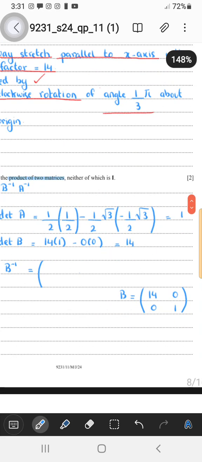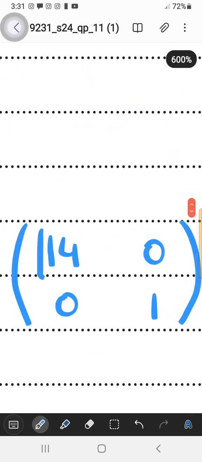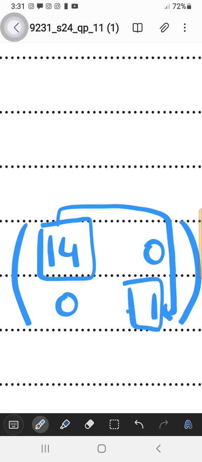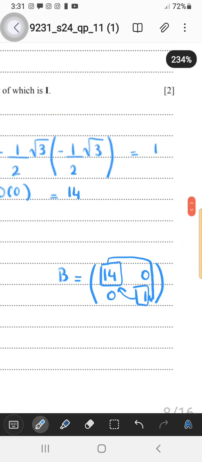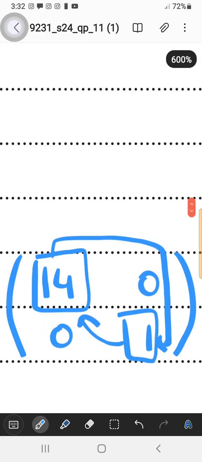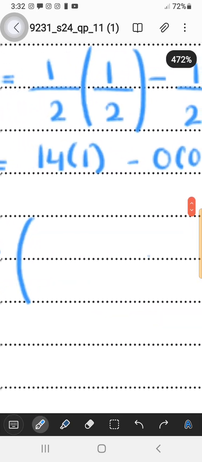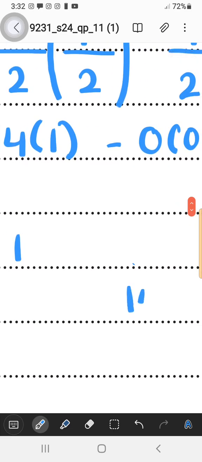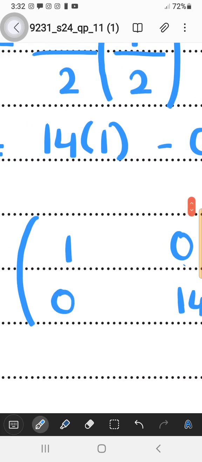When we are going to find B inverse, we will shift this 14 to the place of 1 and shift 1 to the place of 14, and we will change the sign of these two, but in this condition they are 0, so we don't need to change the sign. So if we swap 14 and 1, here will be 1, here will be 14, and here will be 0 and 0.